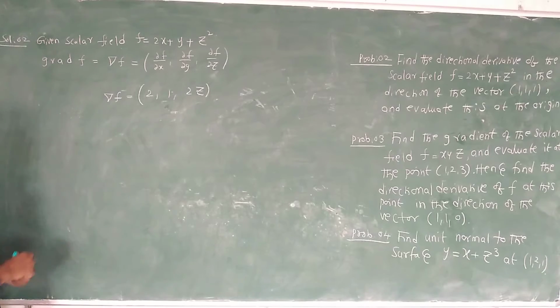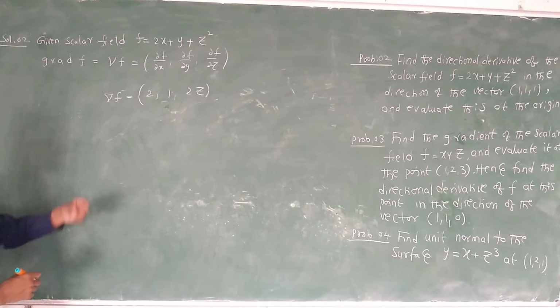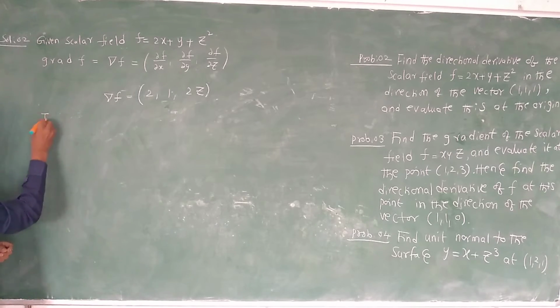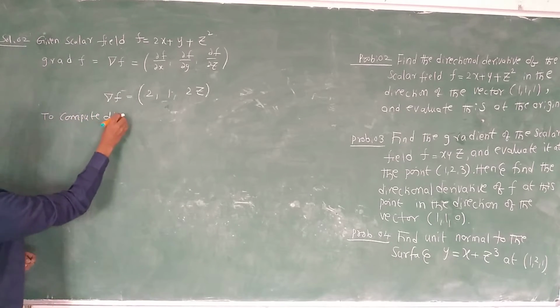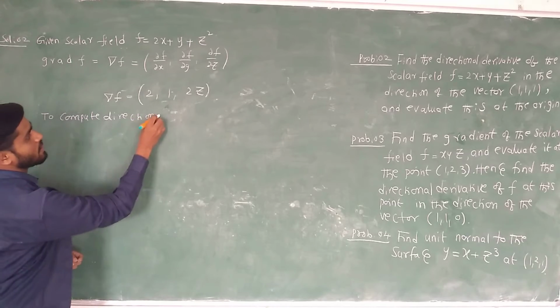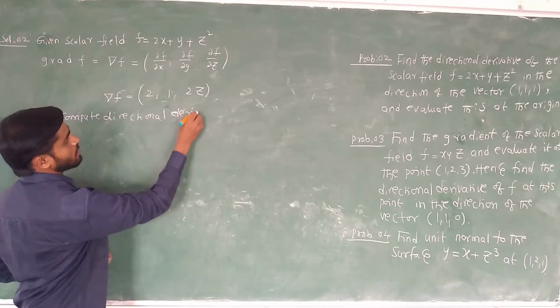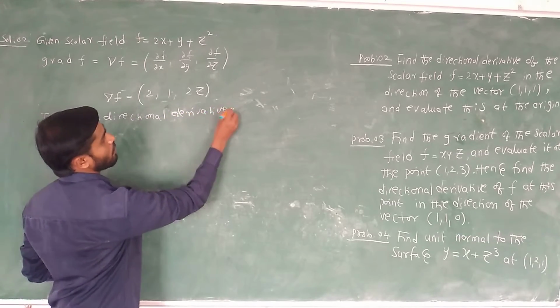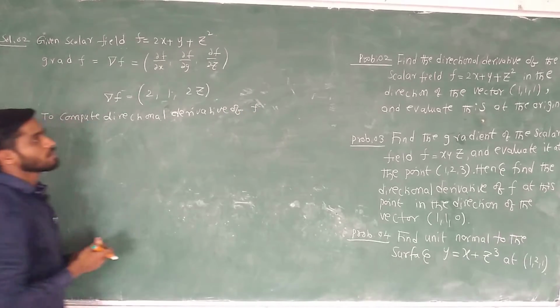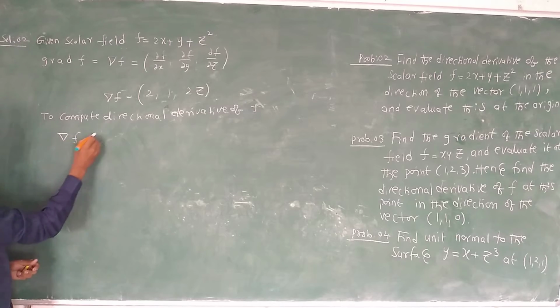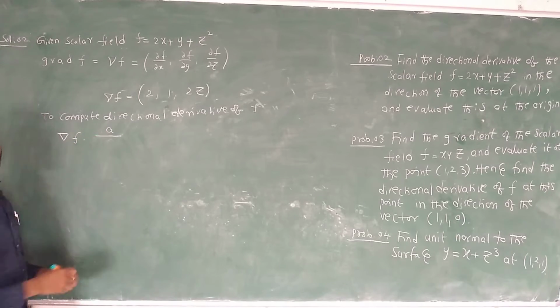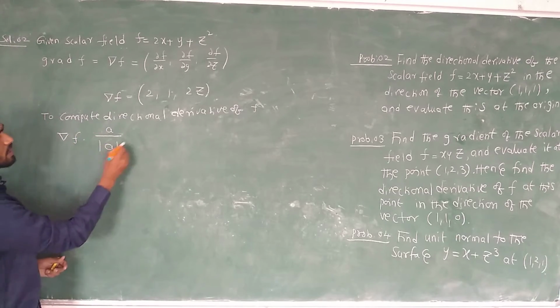Now compute the directional derivative. The formula is del f dot vector a by magnitude of vector a.